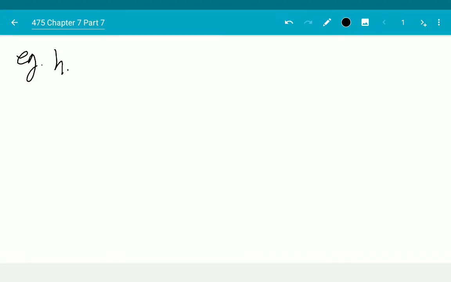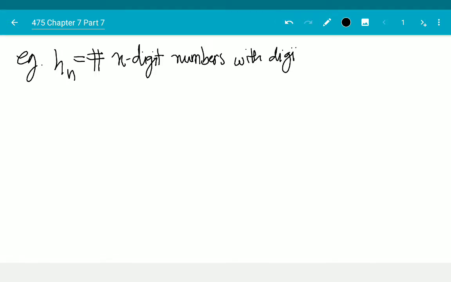Let hn be equal to the number of n-digit numbers with digits 1, 2, and 3.